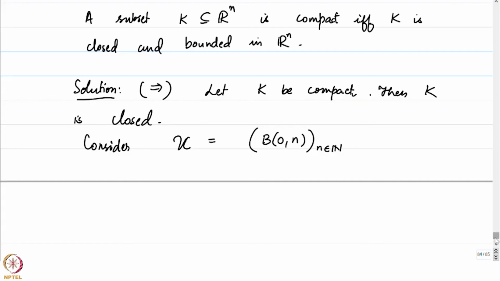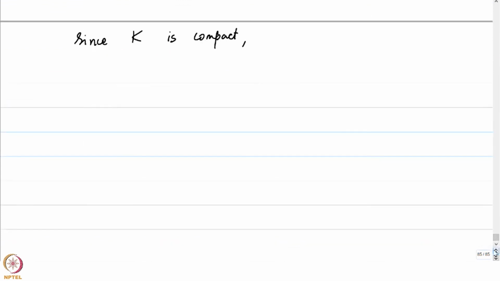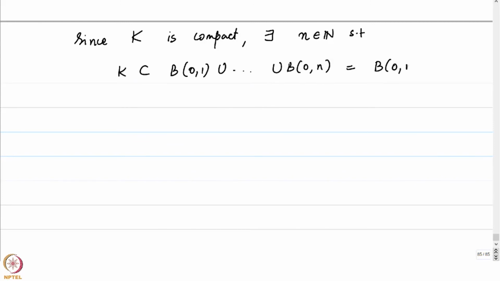But K is compact, right? Since K is compact, there exists n such that K is contained in B0,1 union up to B0,n, which is equal to B0,n itself.